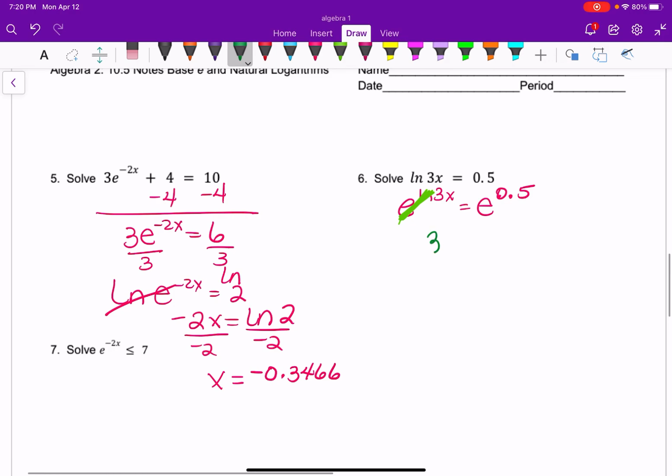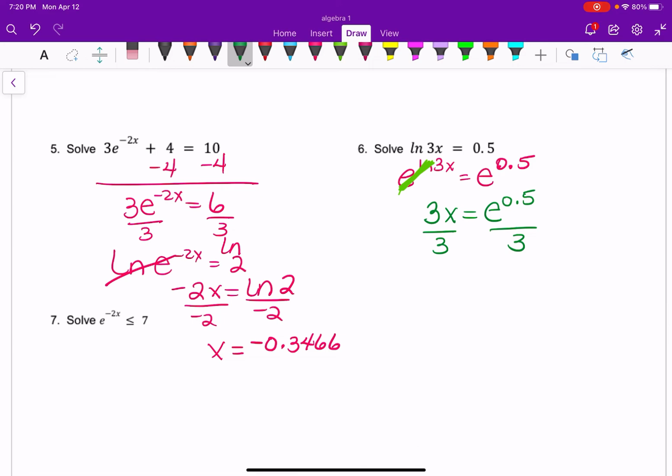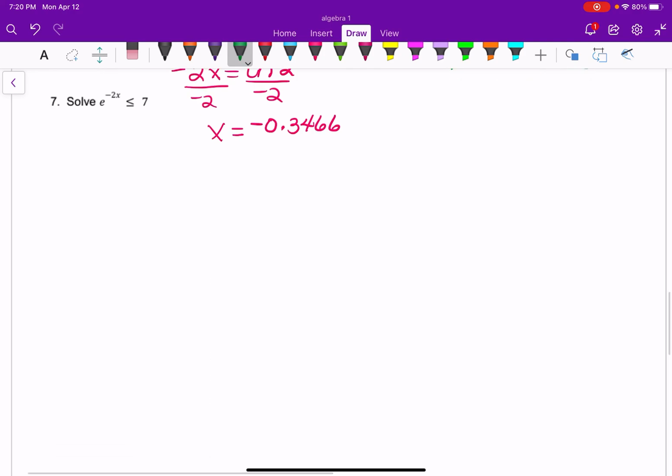So 3x equals e to the 0.5. Now we have a calculator problem. Divide by 3, divide by 3. So you put e to the power of 0.5, enter, divide by 3, and you get x equals 0.5496. I love this stuff. It's so cool.